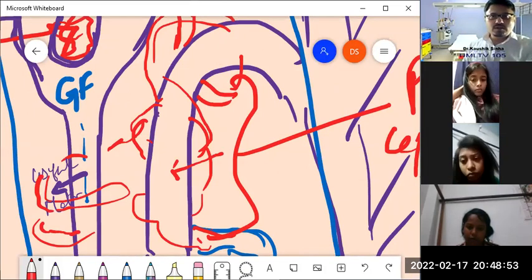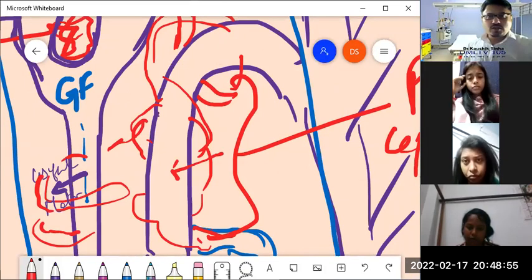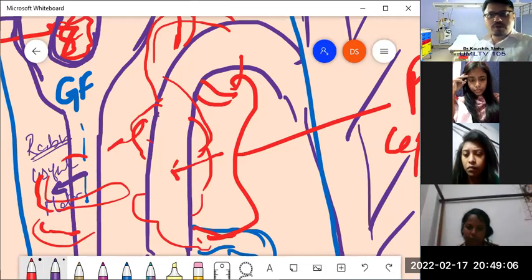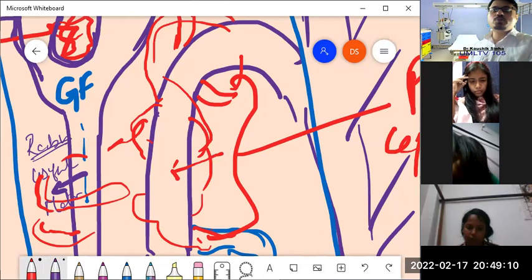Remember the direction here where the reabsorption was going on. So here it is the area for the reabsorption. The movement of the material was away from or out of the renal tubules into the blood.